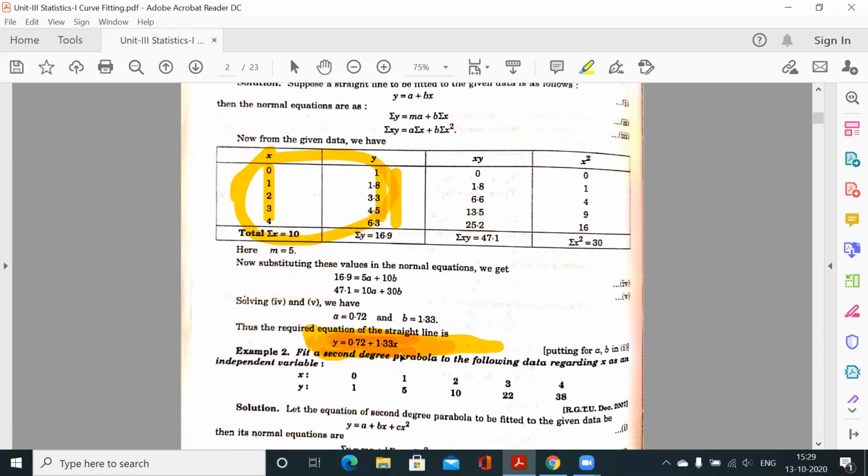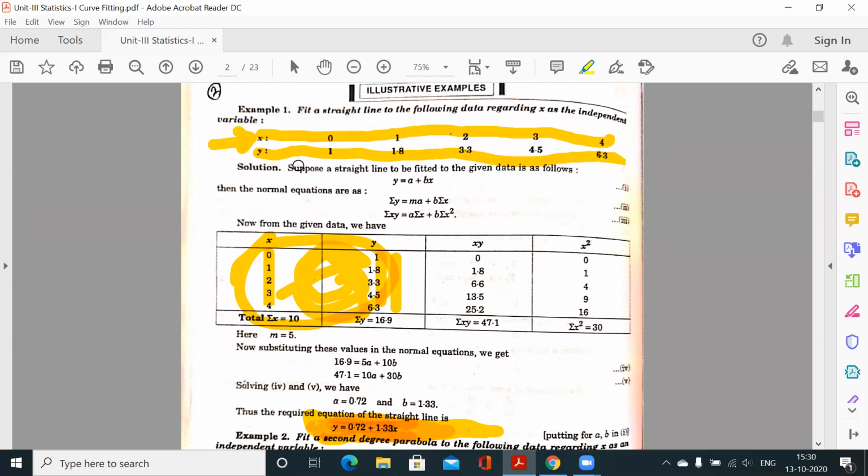In this topic, we will find one approximate function, that means a relation between the independent variable and the dependent variable, which approximately satisfies this set of values. Clear? So this is our objective in this topic.